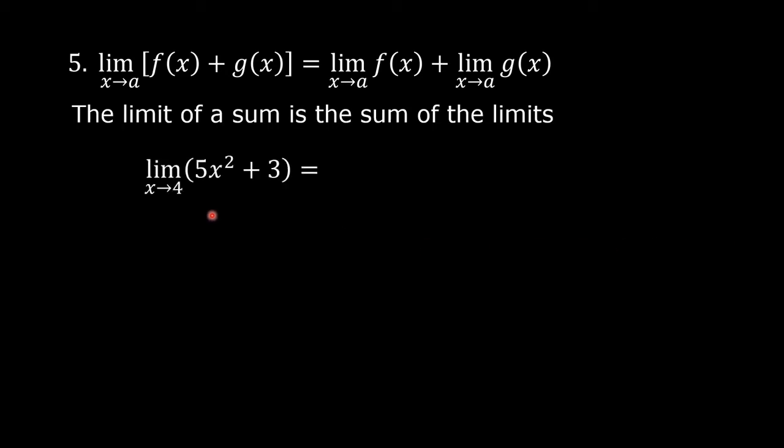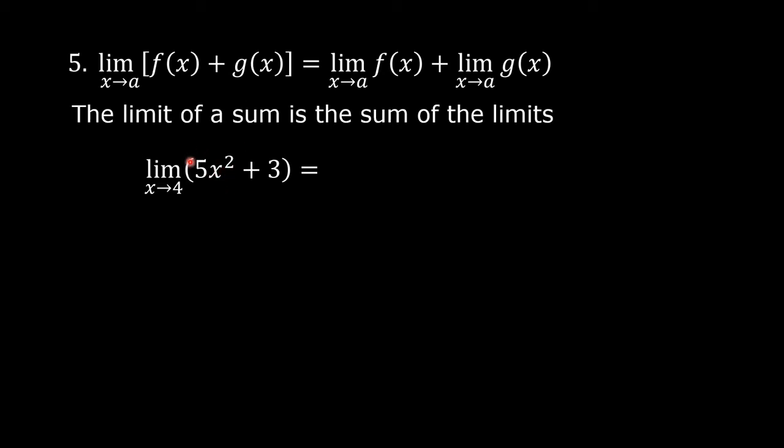Example, the limit of the quantity 5x squared plus 3 as x approaches 4. This is an indicated sum. The theorem says the limit of this indicated sum is equal to the sum of the limits, which means it is equal to the limit of the individual terms.